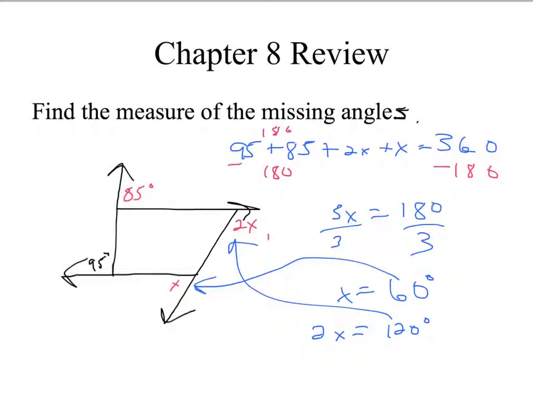It does not matter if it has 3 sides, it does not matter if it has 27 sides. Whenever you have exterior angles theorem, they always add up to equal 360. We did that, we solved for x, plugged x back in for the 2x, and we're done. Awesome.